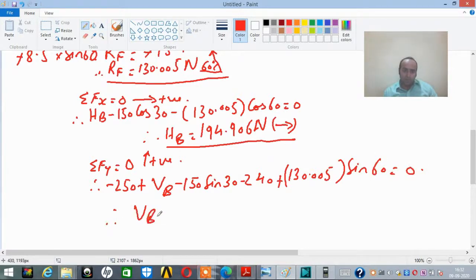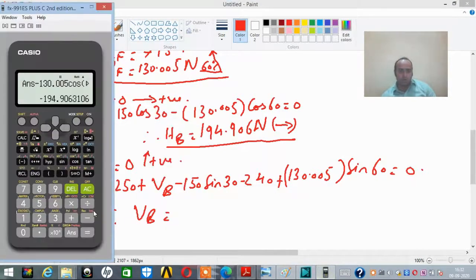Therefore Vb is equal to, now let us see what is the value of Vb coming out to. So let us start with the calculation. Minus 250 minus of 150 sin of 30 minus of 240 is equal to plus 130.005 sin of 60.